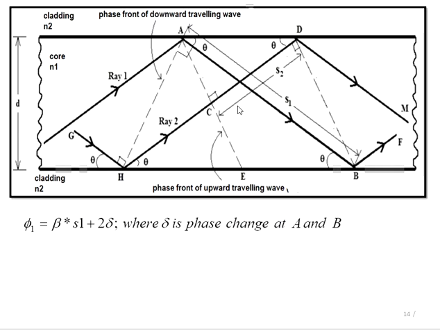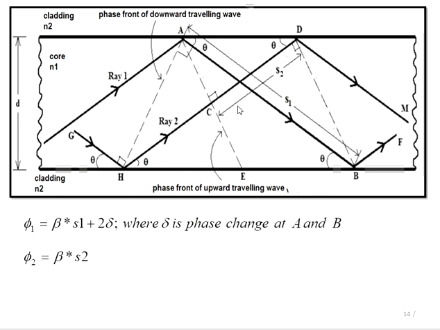When ray 1 is incident at point A, let that phase change be delta. Again it is reflected at point B, there is also a phase change of delta, and when the ray travels along the distance s1, the phase change will be beta into s1. So the total phase change in traveling the distance s1 will be beta s1 plus 2 delta.